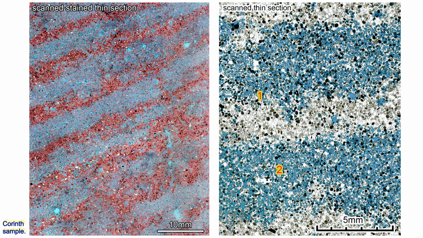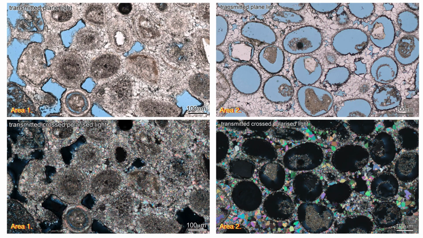The areas number 1 and 2 on the right unstained image are enlarged on the next slide. On the left, Area 1 ooids have cortices composed of a mosaic of calcite crystals. Some show concentric lines inherited from the cortex's original fabric.